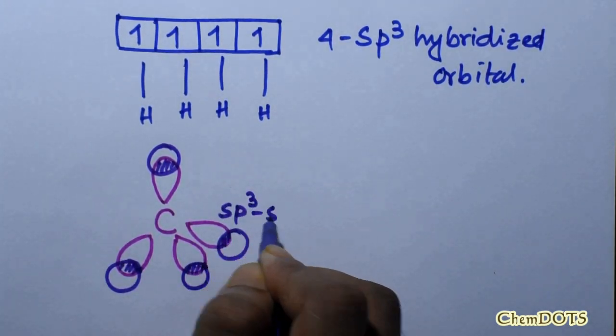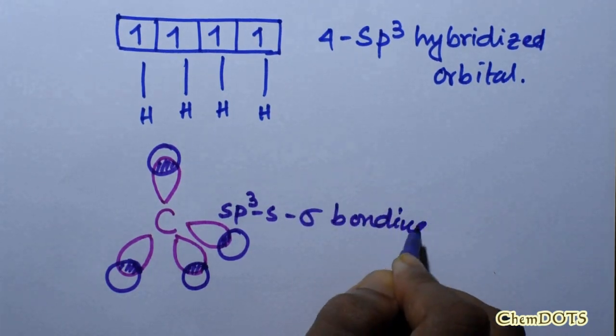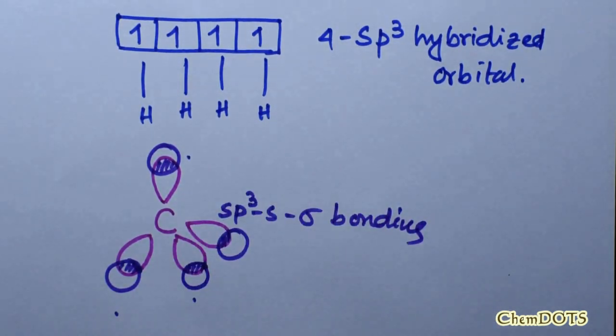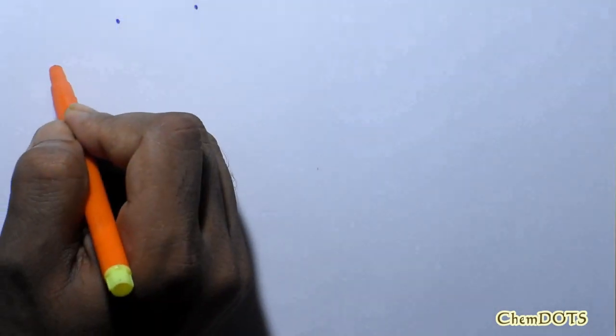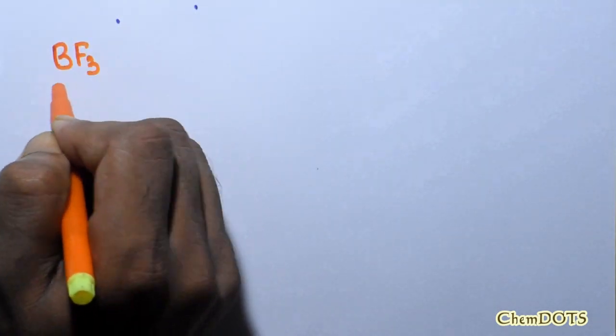Here is the overlap of the 1s orbital of hydrogen and the sp3 orbital of carbon. So there are sp3-s sigma bonds. 4 sp3-s sigma bonds are there, and the bond angle between them is 109.5 degrees.